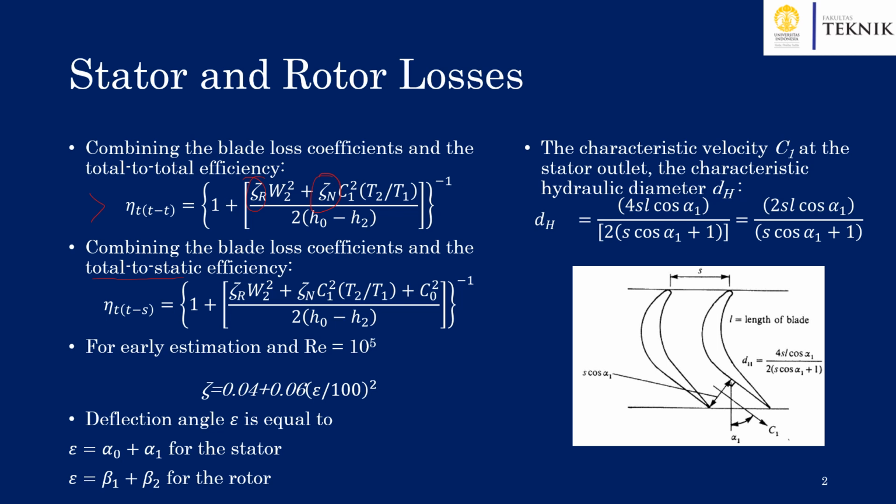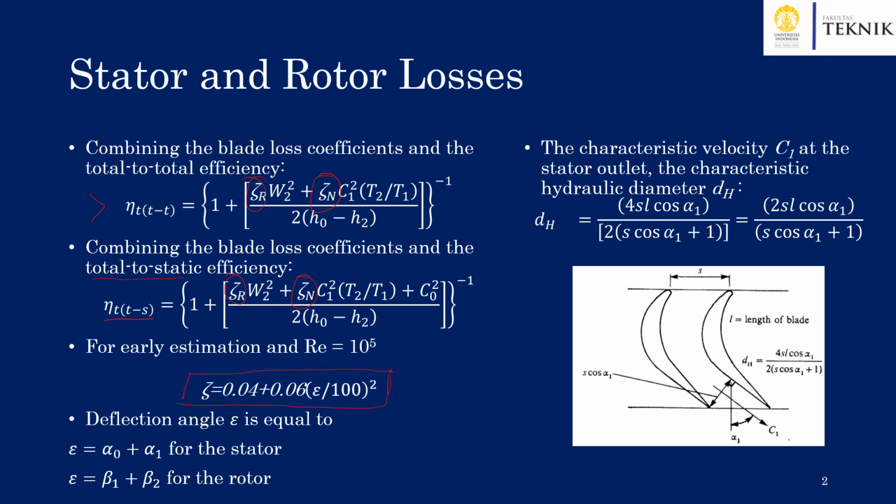The same also applies to the total to static efficiencies, which we can get according to the rotor and stator loss coefficients. And to begin our estimations of the blade loss coefficients, we can use these empirical equations.